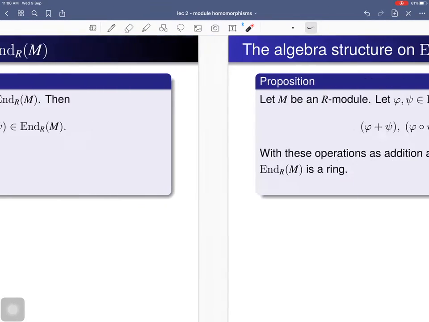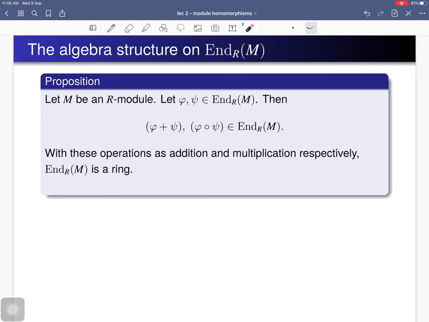Okay, so using these two operations as addition and multiplication respectively, this set, that is the collection of all the endomorphisms from M to itself, is actually a ring. You can verify all the properties of a ring. So here addition is defined in this way and multiplication is defined in this way. Okay, so of course it is not a commutative ring. Okay, but you can have an identity element which is just the identity map from M to itself.